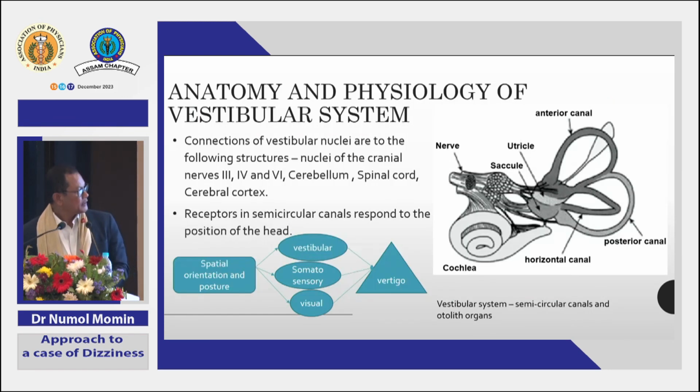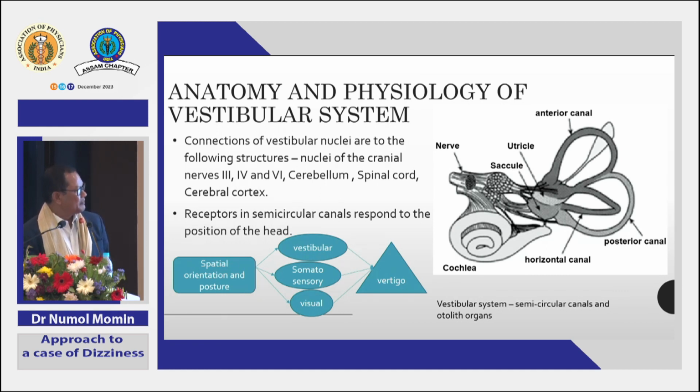If you study anatomy and physiology well, this entire vertigo is related to the vestibulocochlear organ. Then we have the vestibular nuclei plus the cranial nerves 3rd, 4th, 6th, and vestibulocochlear.